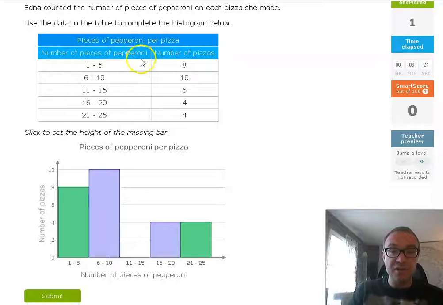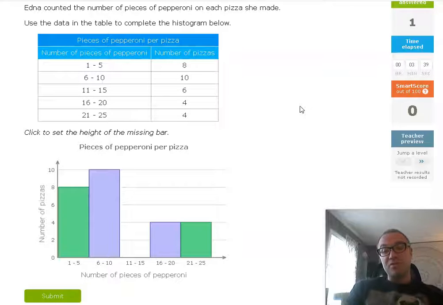Sometimes there's another column with tally marks, and then you just total the tally marks in the last column. So it's a way to show the data, and it's called the distribution, to show how many numbers are in each category.